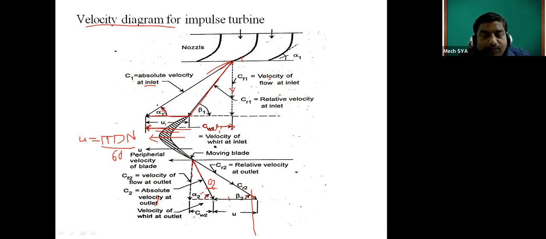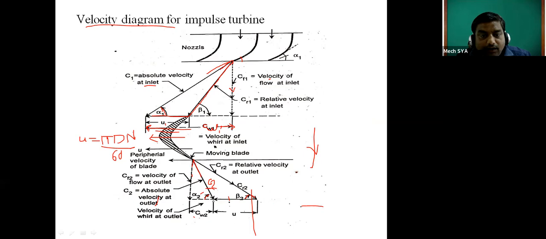This absolute velocity makes an angle with the tangential direction of the blade, called alpha 1. Similarly, C2 makes an angle alpha 2 with the tangential direction, the horizontal. Then C2 also has two components: in the whirl direction it is CW2, and perpendicular to CW2 is the flow component. The flow component is responsible only for the flow, and the whirl component is the part of the absolute velocity responsible for the whirling or rotating action of the steam.